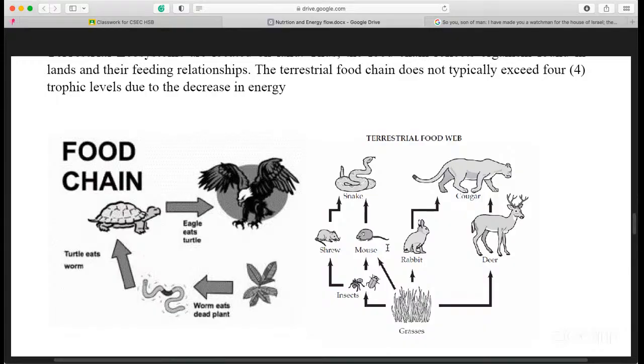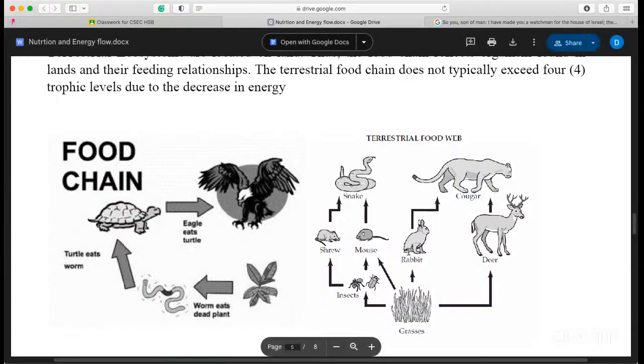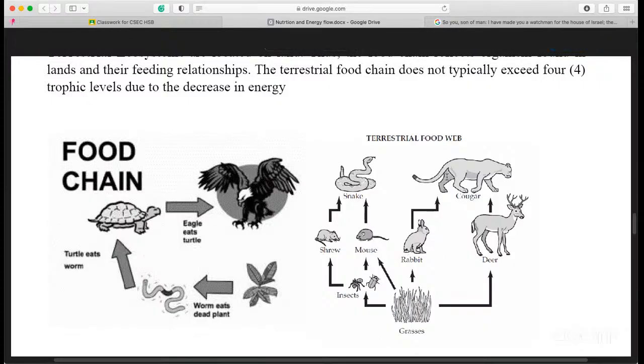Based on where the organism is placed within the web or the chain, that's where the disruption will be. For example, if the deer is removed from this web, then the cougar will only have the rabbit to feed on. So we expect that the rabbit population will decrease.